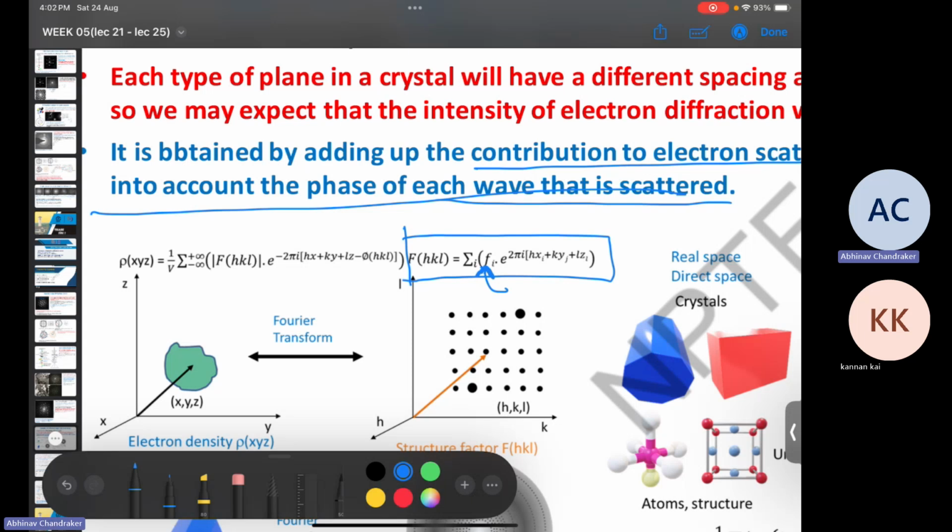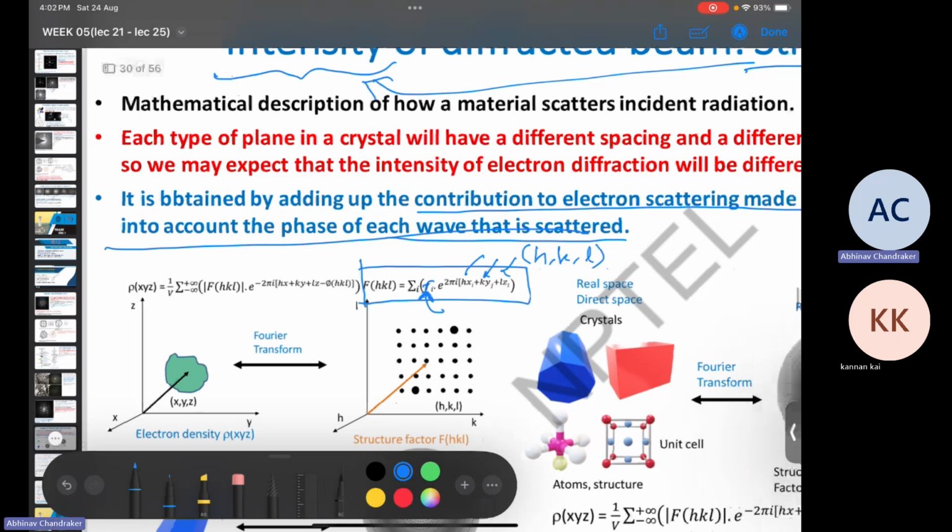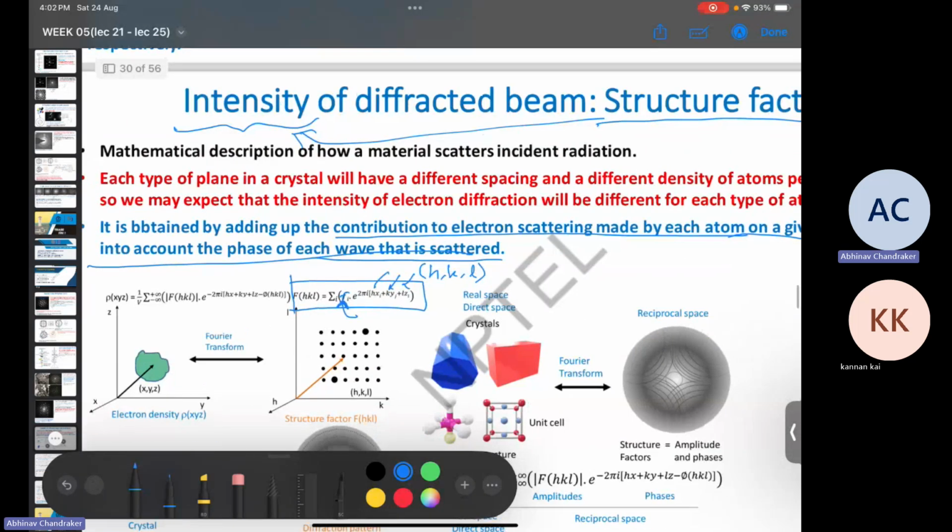So you add up the small f values multiplied by e raised to 2 pi i into (hx + ky + lz), where hkl is the plane for which you are trying to get the structure factor, that is the contribution of this plane to the diffraction.